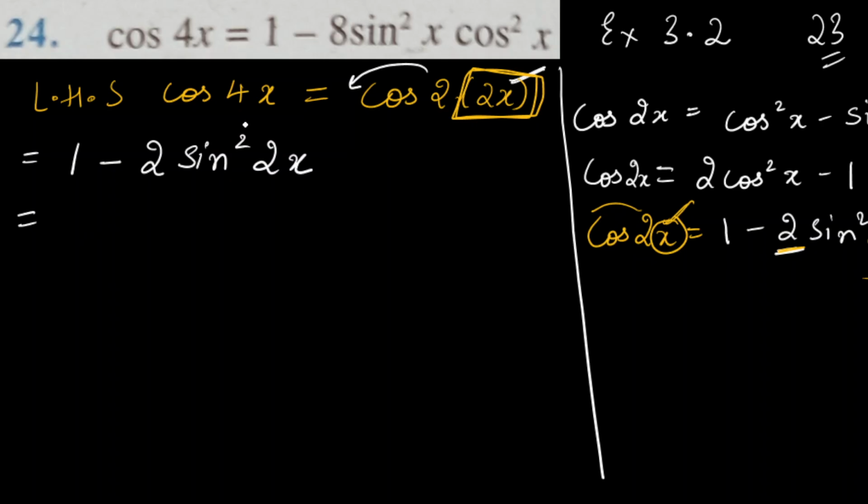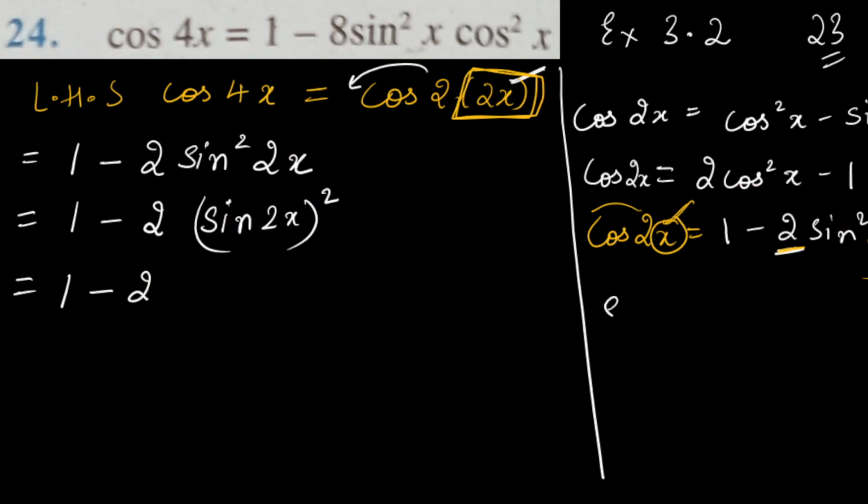Now if the square is there with the trigonometric function, we can write it as 1 minus 2, as it is, sine 2x whole square. If the square is here, that means it's basically the whole square. Now we got sine 2x.